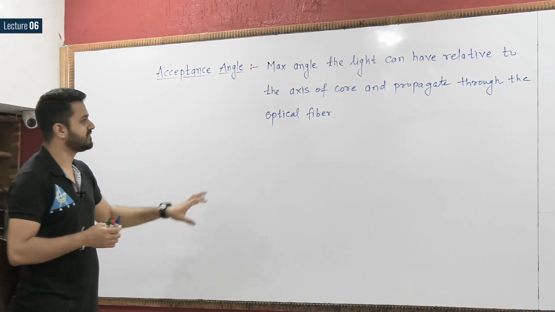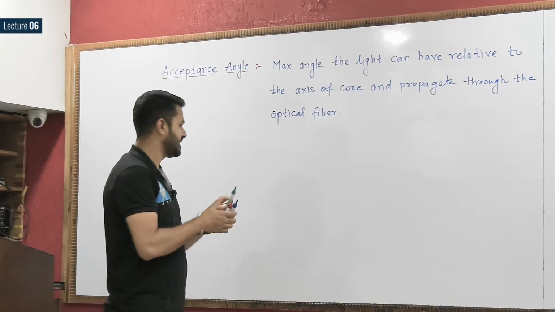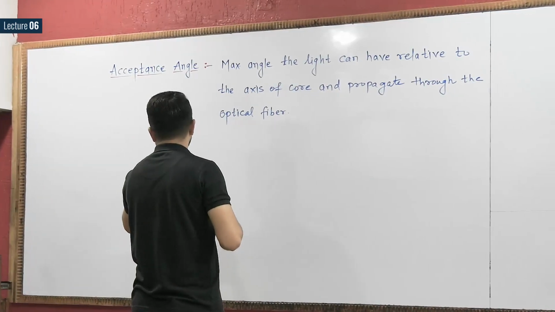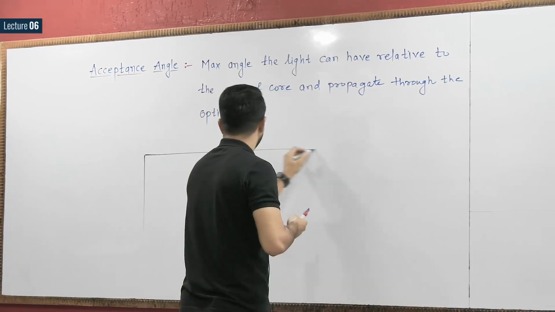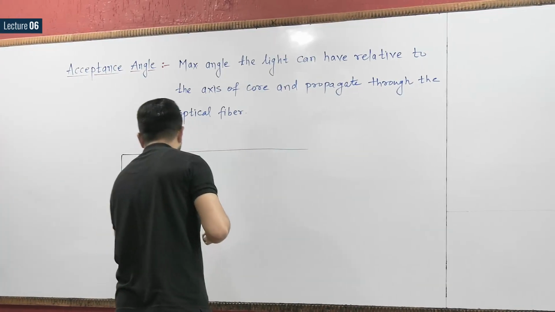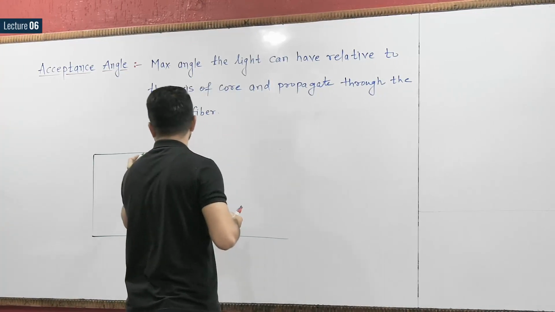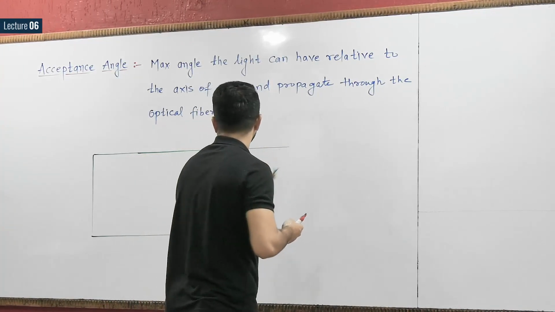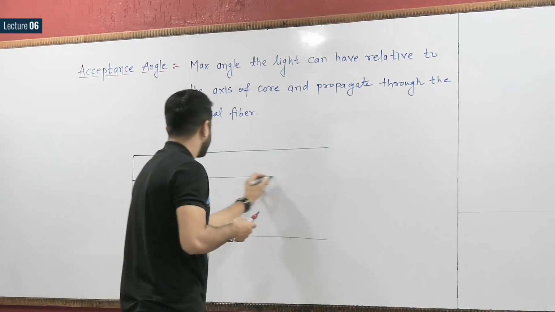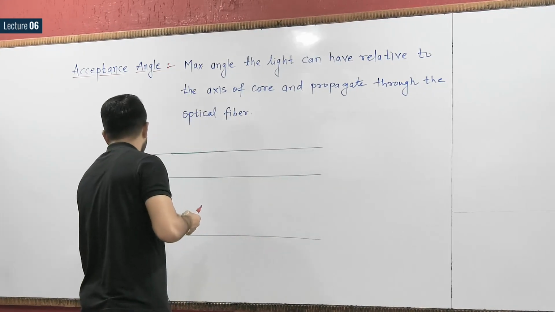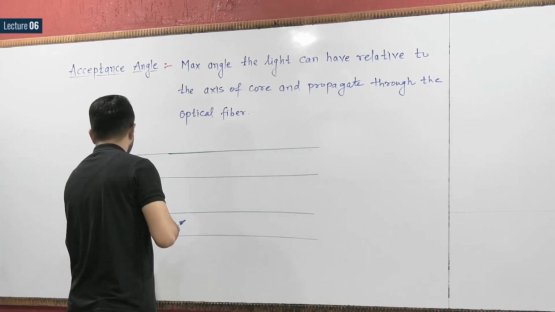Now we have to derive the formula for the acceptance angle. So how can we derive it? To derive this, let's consider the optical fiber. This is the optical fiber which we are considering, having some length, and suppose this is the core axis. This is the core and this will be the core axis.